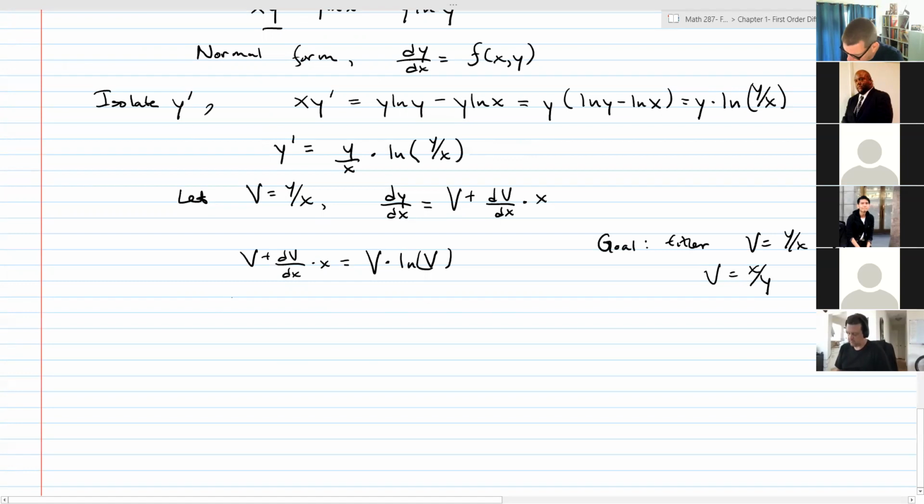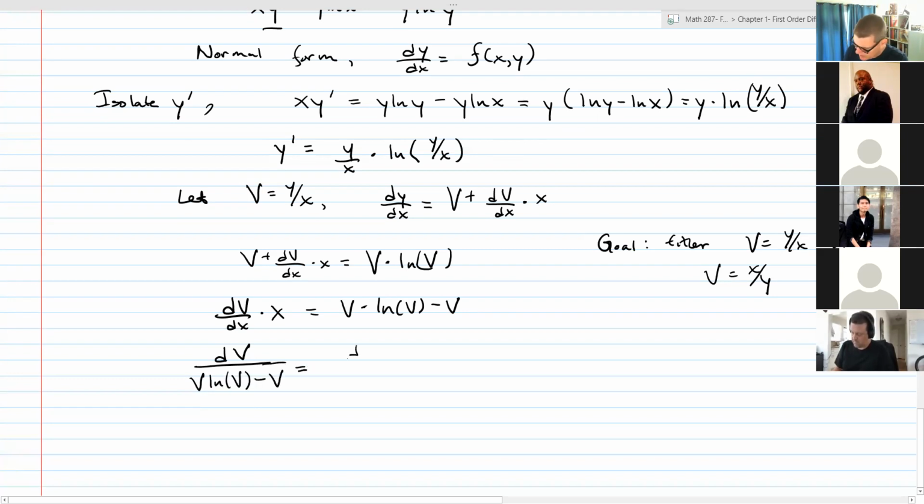All right, so now we get dv dx times x is going to equal v times natural log of v minus v. Then we're going to separate. This is now going to be dv over v times ln of v minus 1, and that equals dx over x.